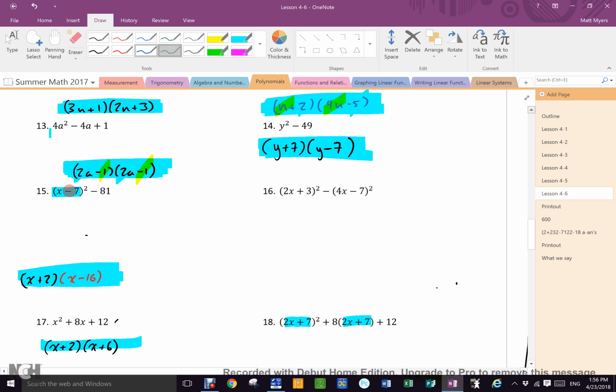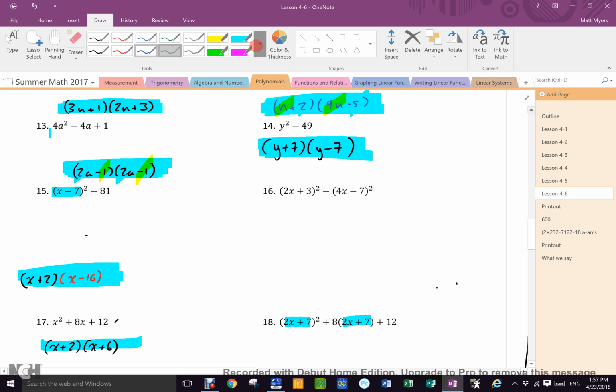What do I personally always do every time I have anything in brackets when I'm factoring? Hint, hint. I just did it on that. I change it to a single thing so I can deal with it more easily, yes? So if I write this as a squared minus 81, is it the same thing?